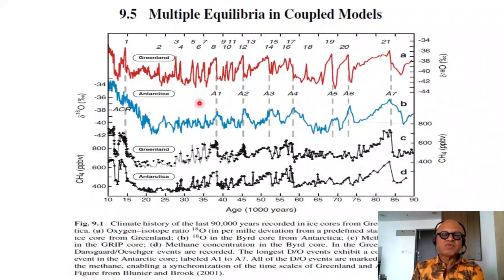So this is what we looked at before. In this chapter we are looking at paleo data for a short period going from 10,000 years ago to about 90,000 years ago, and we looked at the fact that the North Atlantic, Greenland, has these millennial timescale oscillations where there are abrupt changes.